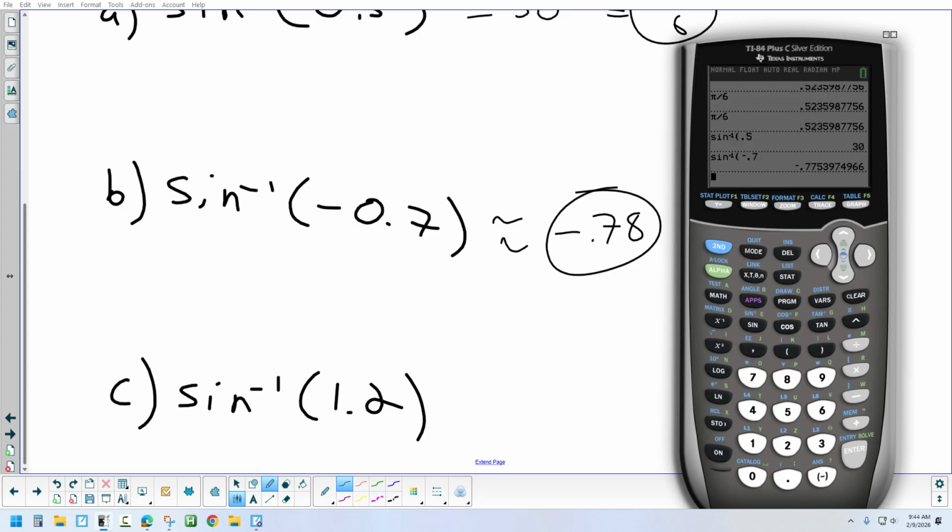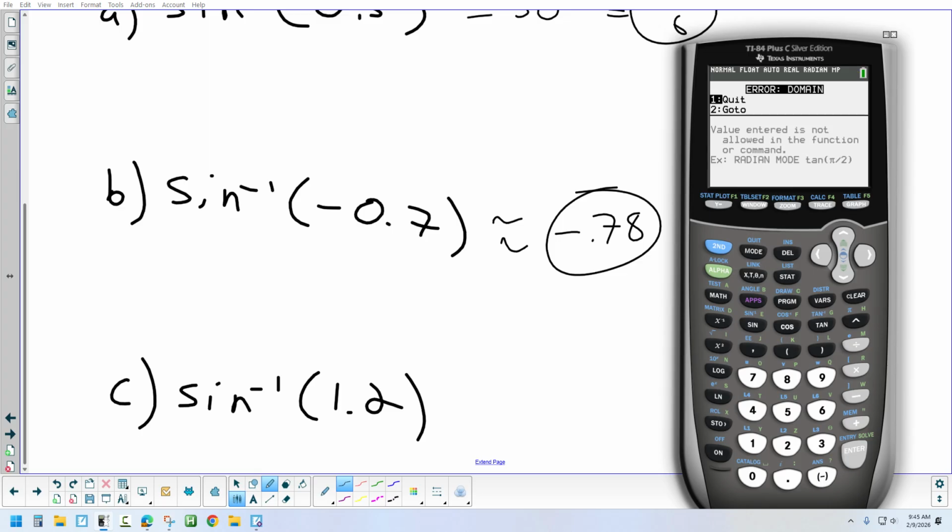So that is not greater than pi over 2, but you're thinking along the right lines. Where does the graph of inverse sine end? It goes from -1 to 1. This is outside the domain of inverse sine, a space that doesn't even exist. So you can't go to 1.2. When you try to do it, it's going to say domain error because you are beyond 1.